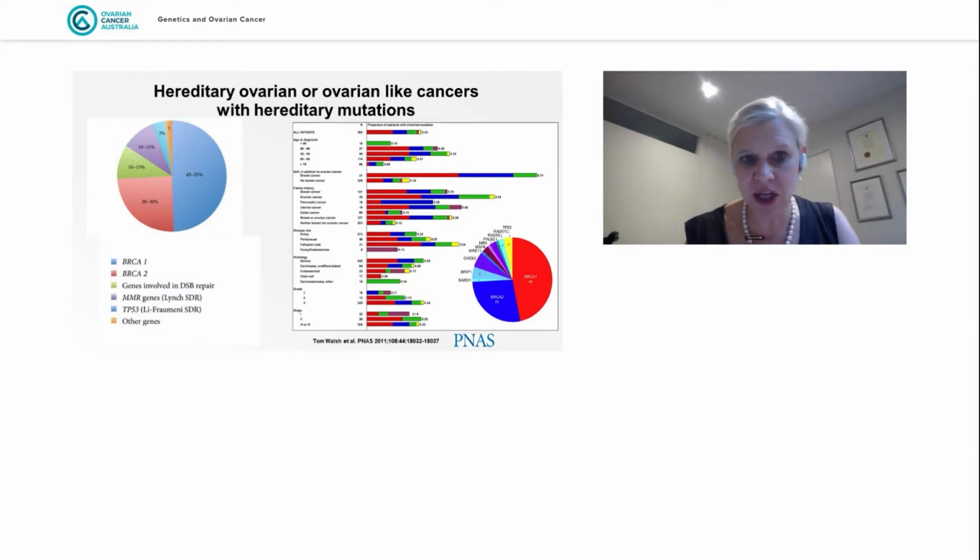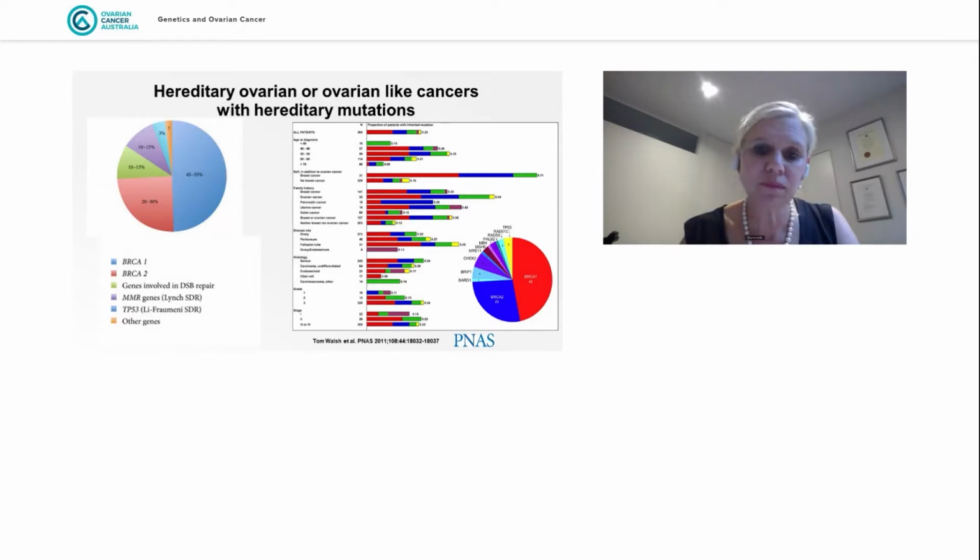We then also have those mismatch repair genes, the Lynch genes, that make up around 10 to 15% of hereditary ovarian cancer. And as Marion has described, the Li-Fraumeni syndrome, or a very rare condition associated usually with very young onset ovarian cancer in a gene known as TP53.